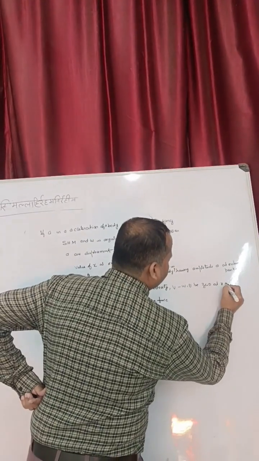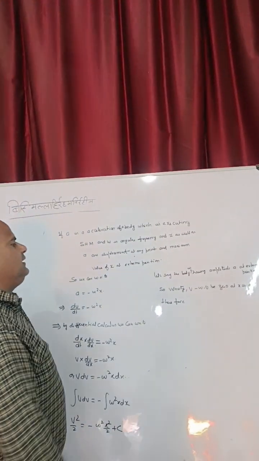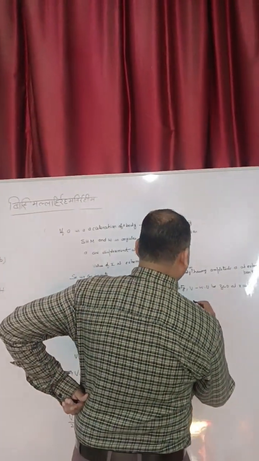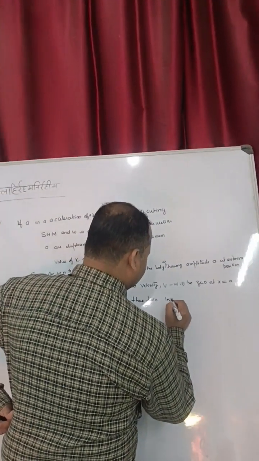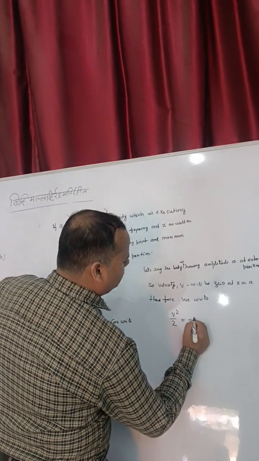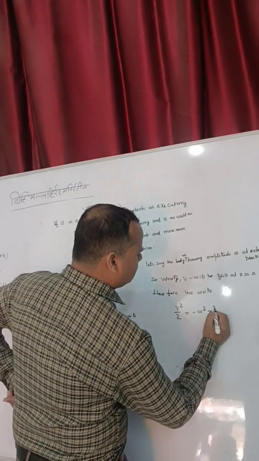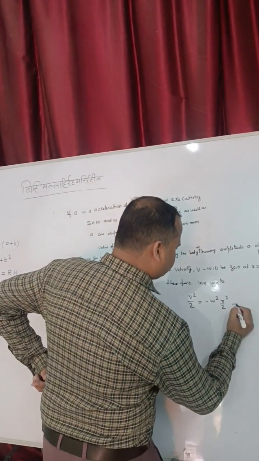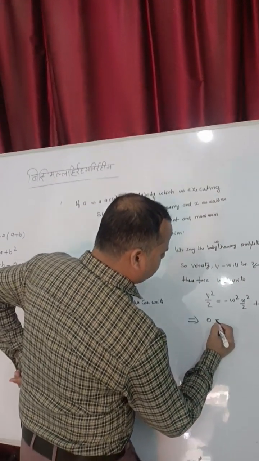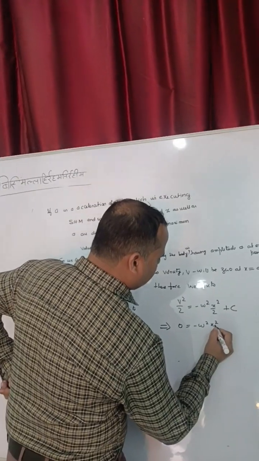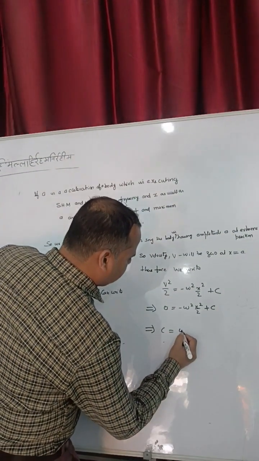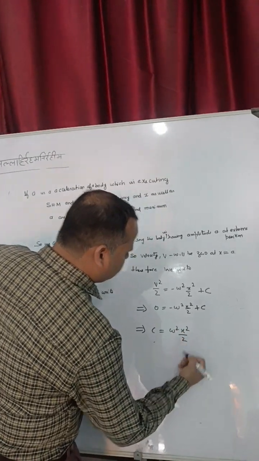Therefore at x equal to a, velocity v will be 0. Therefore we write v square by 2 is equal to minus omega square x square by 2 plus c. This is equal to 0, so 0 is equal to omega square a square by 2 plus c. This implies that c is equal to omega square a square by 2.